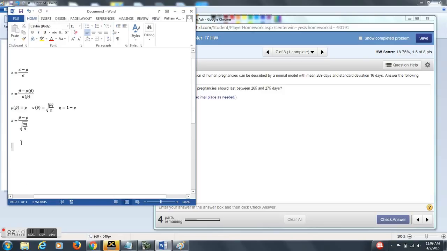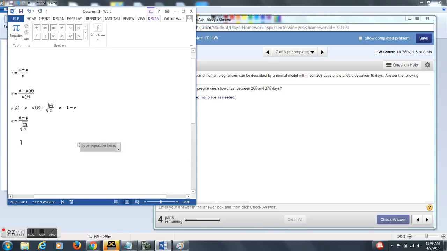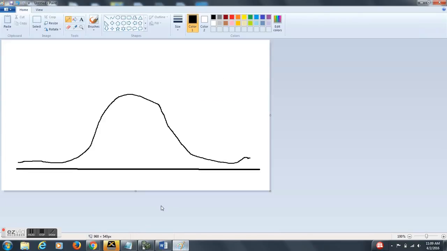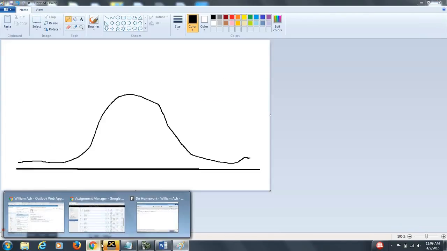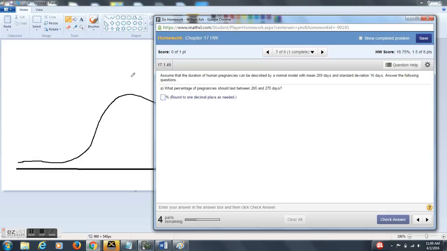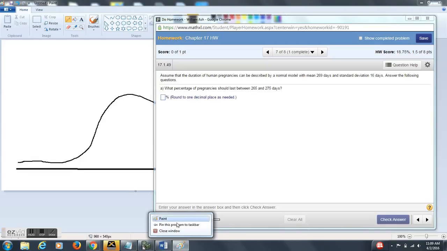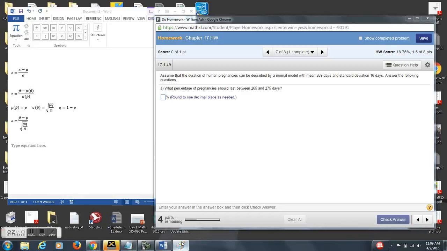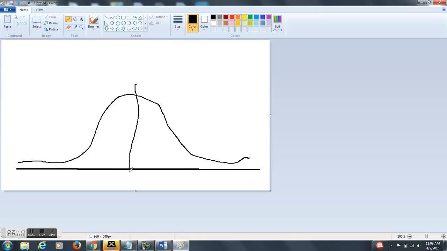Okay, I've got two z-scores I want to figure out. What I'm looking to do is, let me pull up my little pane here, 265 and 275. What was the mean? The mean was 269.